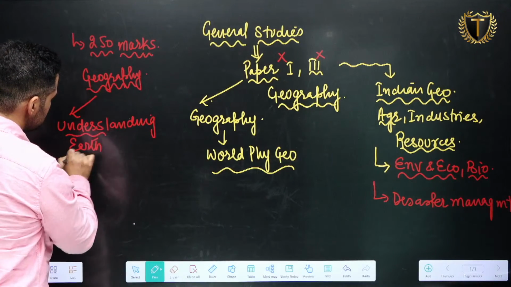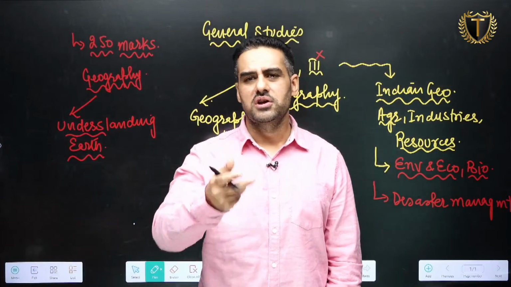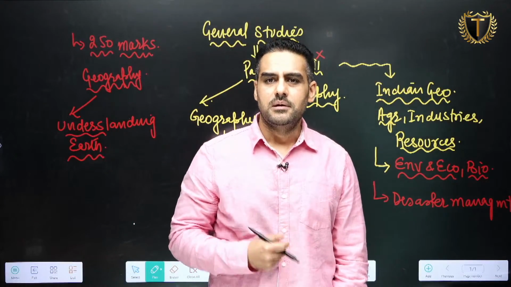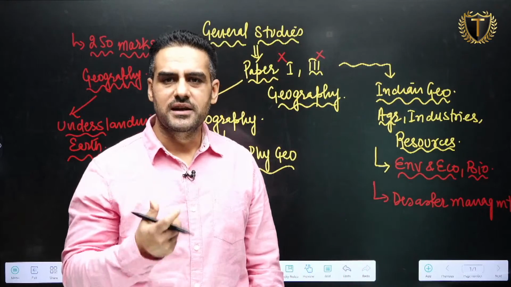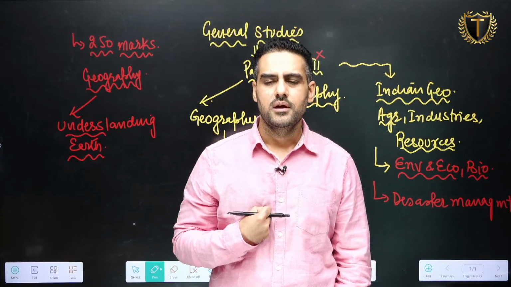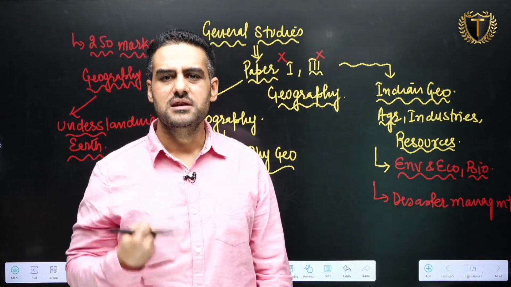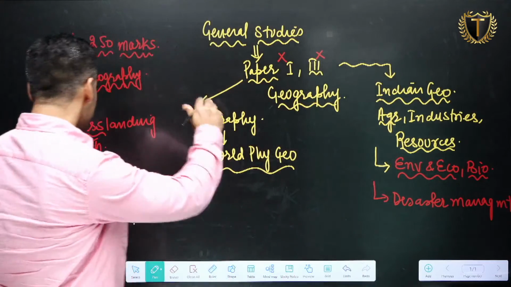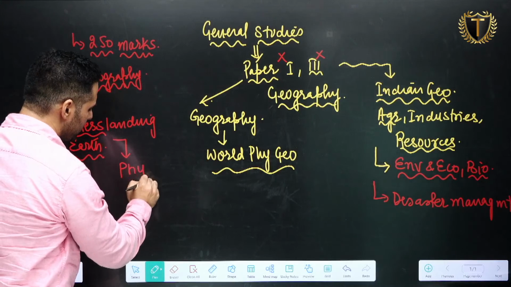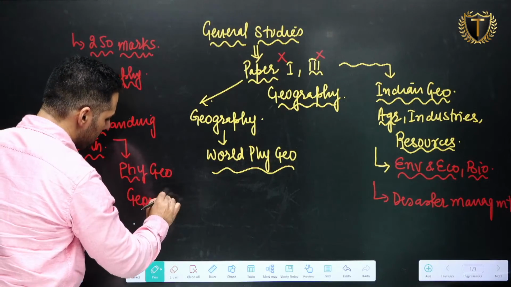What I mean by this is the evolution of Earth, origin of Earth, interior of Earth, plate movements, their resultant outcomes, and some theories like the continental drift theory. After that, relief features: mountains, plains, plateaus. We can consider this part in our physical geography, which is called geomorphology.